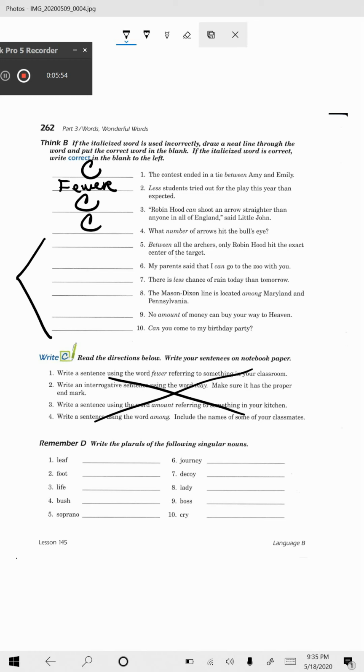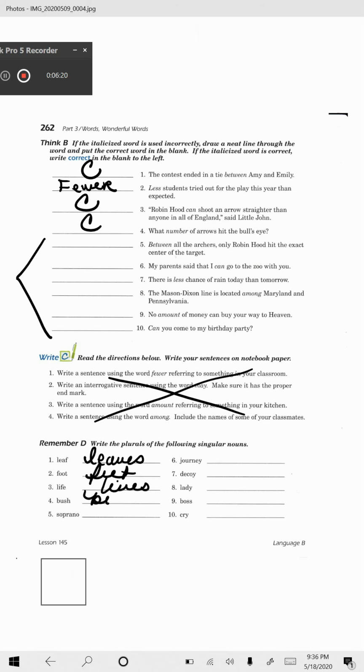Let's go ahead and do these together at the bottom. We're going to make these words plural. And you probably know how to do this, but I thought, well, we'll just do it together. Make sure you have it. So leaf is singular. Leaves is plural. Foot and feet. Life and lives.